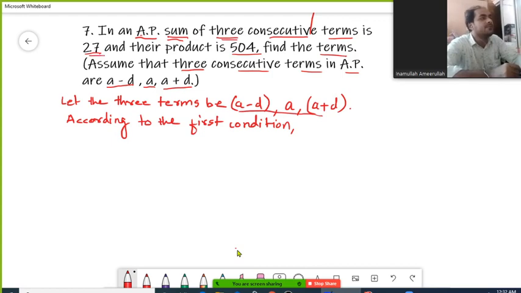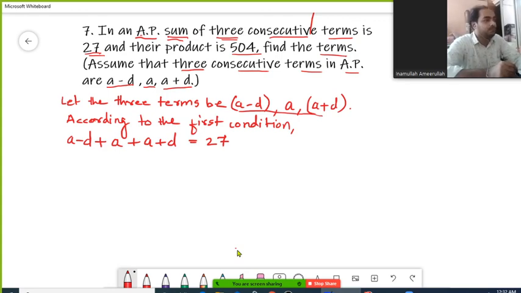So this is my first condition. According to this condition, I can say first term, that is A minus D, plus second term plus third term, the third term is A plus D, equals 27. This is as per the first condition.